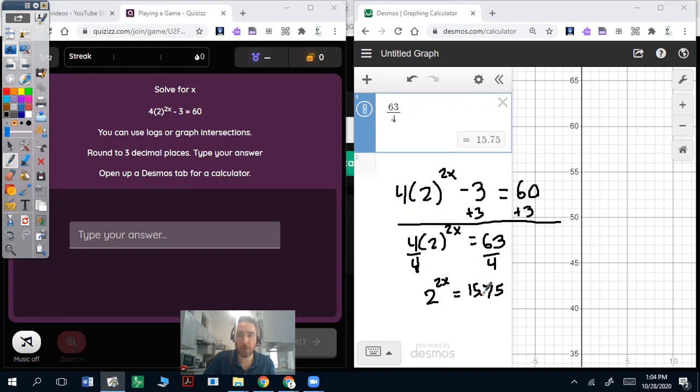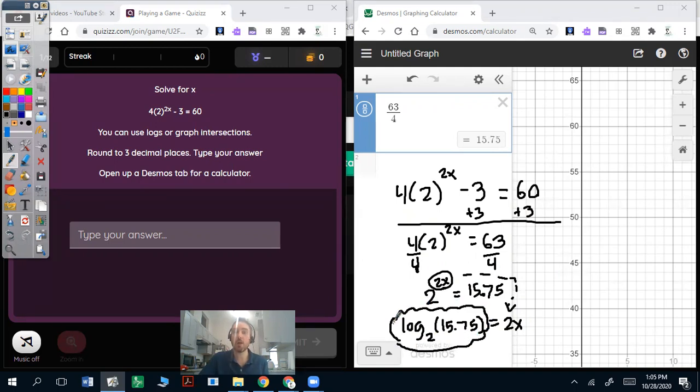Once you get it to the point where you have a number raised to a variable, or a combination of numbers and variables, equals another number, then you write it as a log. So you do log with a base 2, then 15.75, and then you set it equal to your exponent. That's going to go all the way out here at the end of your equation. So we say equals 2x. Now we can get this number from your calculator.